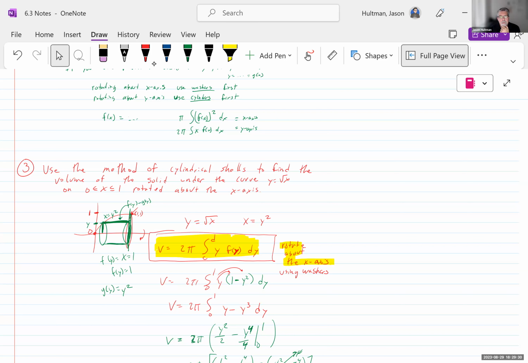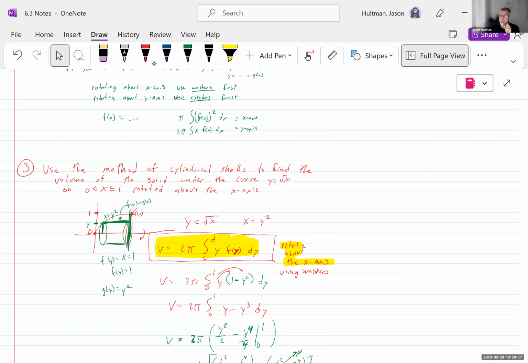But there were just so many nuances to these things. It was like, are we rotating about the x-axis? Are we rotating about the y-axis? Are we using discs? Are we using washers? Is there an auxiliary line that I have to worry about? And so it became, where are the hard and fast rules?